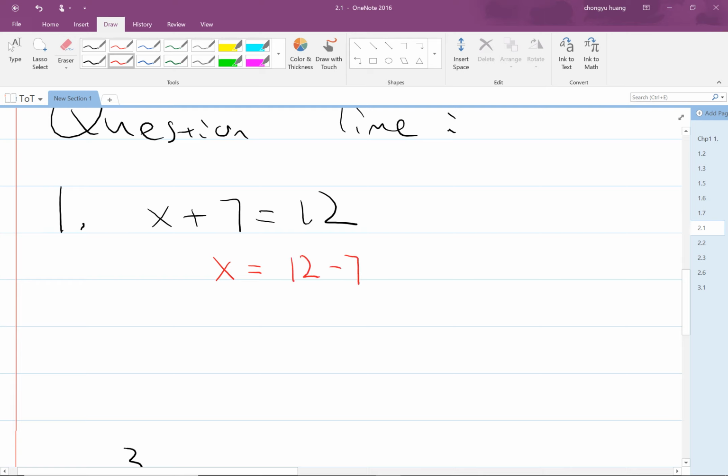You just move 7 to the other side, so it's 12 minus 7. Therefore, the answer is x equal to 5. So we're done with question 1.